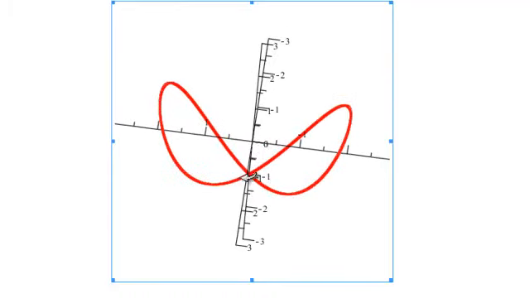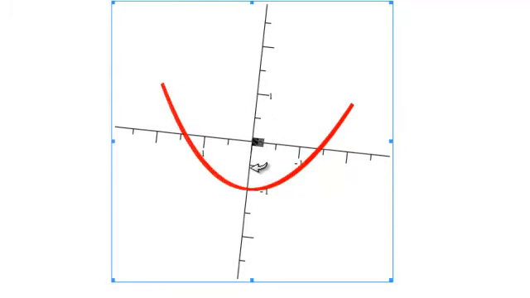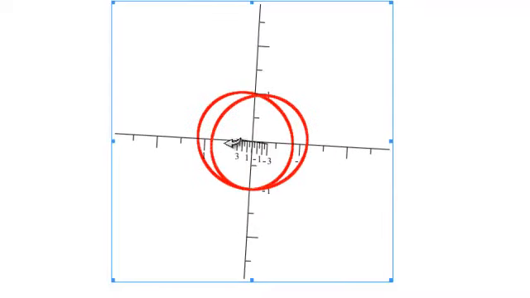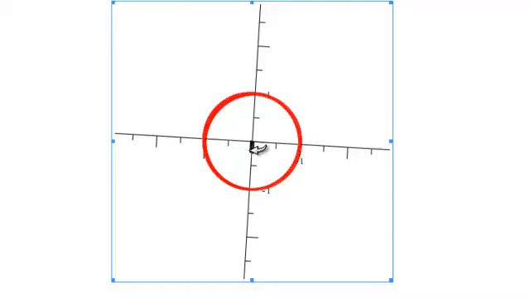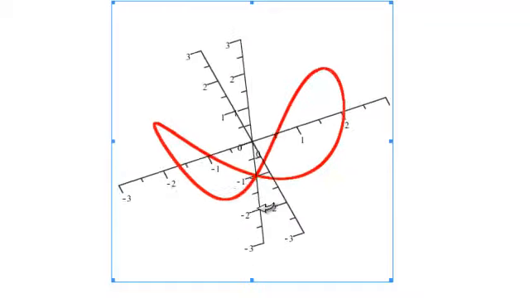On the other hand, if we look straight down the y-axis, there's that parabola that we saw. And if we rotate it 90 degrees to look down the x-axis, there's the circle we saw. So as we move it around from different points of view, I guess that idea that I had was right. It is a figure 8 curve.